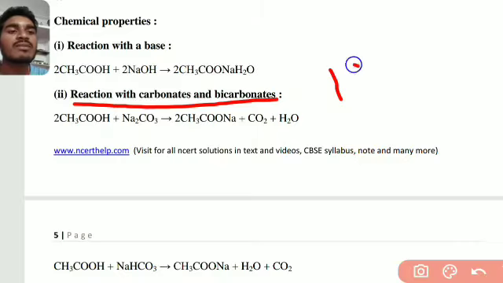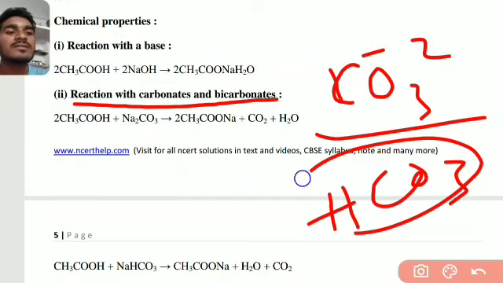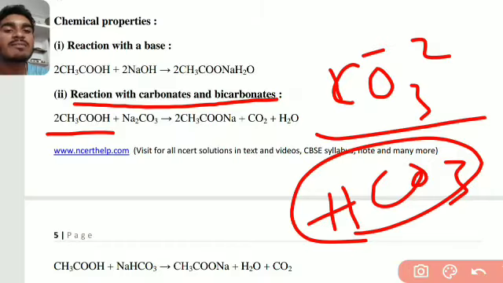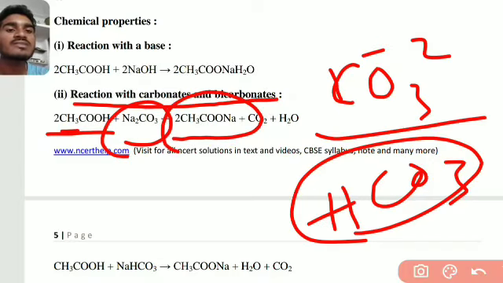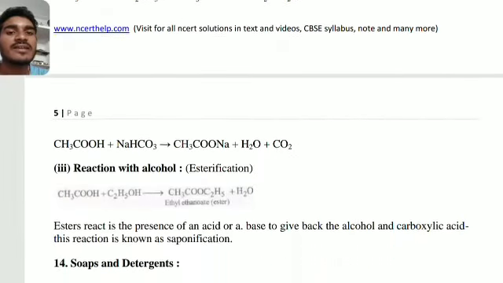The carbonate formula is CO3 2-, and bicarbonate is HCO3-. The carboxylic acid treated with sodium carbonate gives sodium acetate, carbon dioxide and water. These are the reactions of carboxylic acid, acetic acid, vinegar, with carbonates.